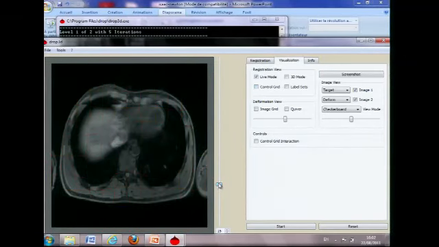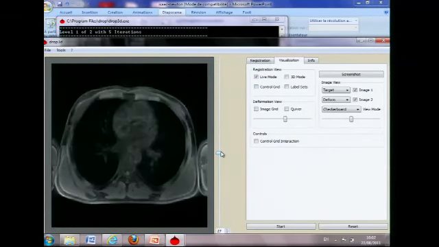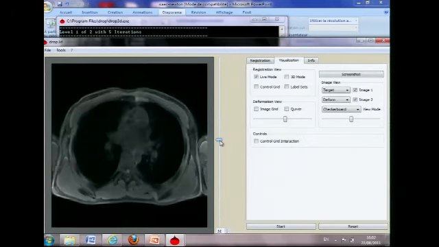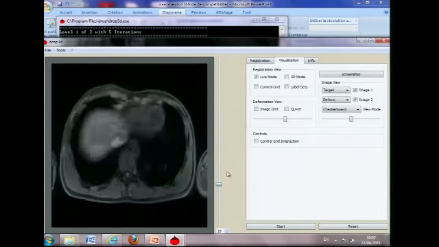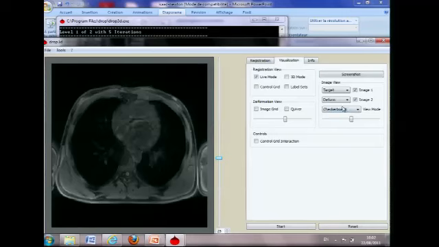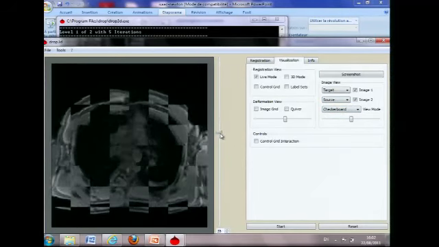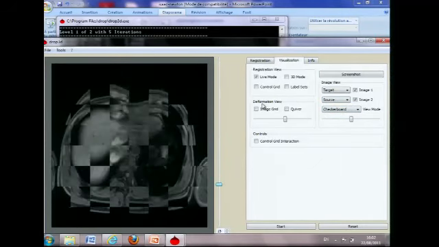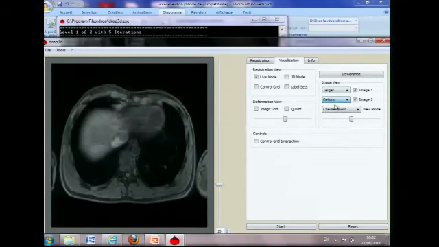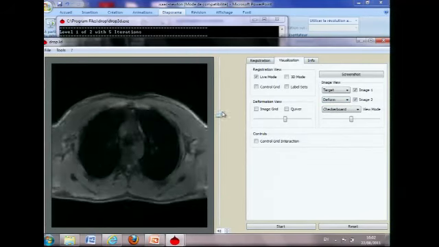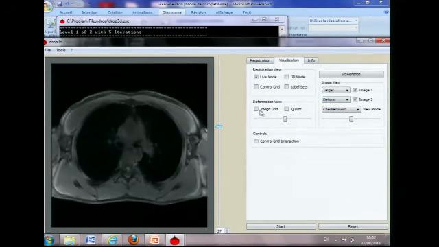So these are the results, the same visualization after the registration. That means that I have replaced my target image with a deformed target. This is where we were before. And this is where we are now. And this is the deformation field.